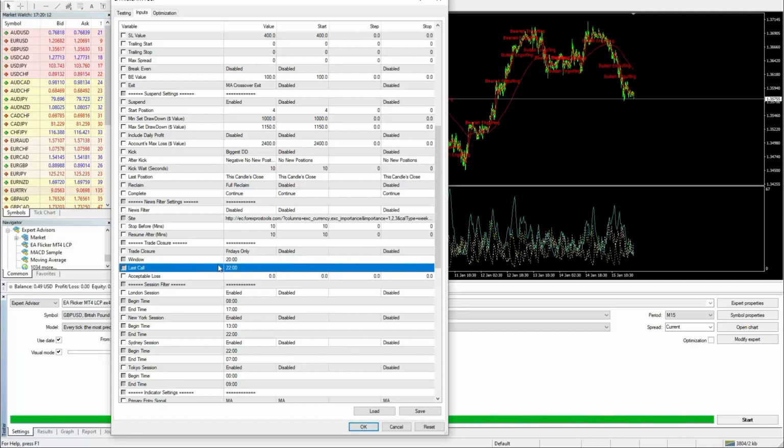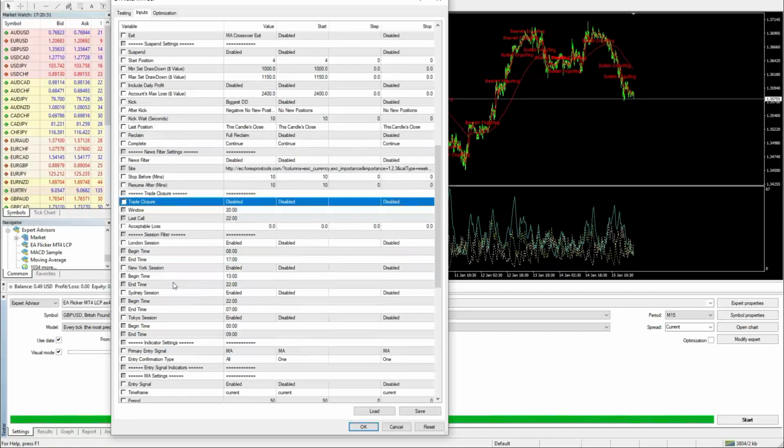So from window to last call is the area whereby the EA will try to complete the trade, whether in profit or loss. So yeah, you can set this.